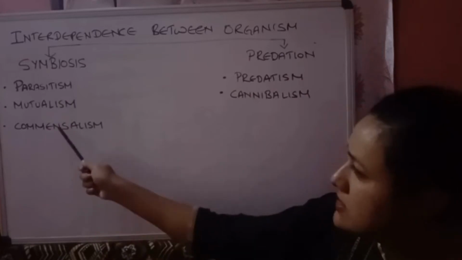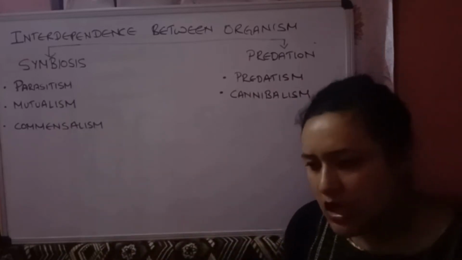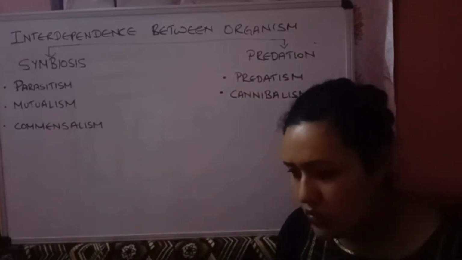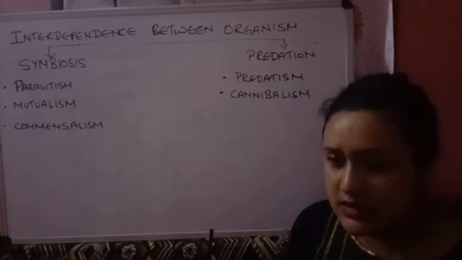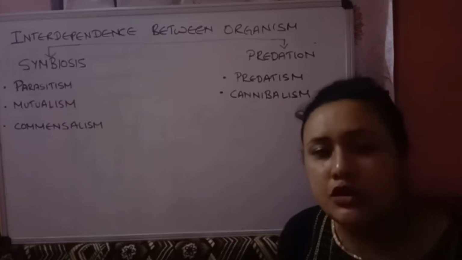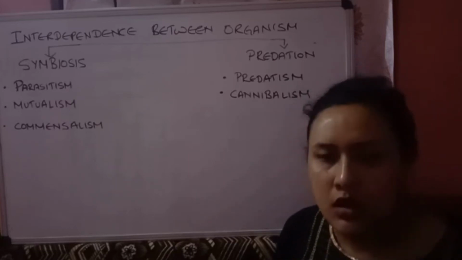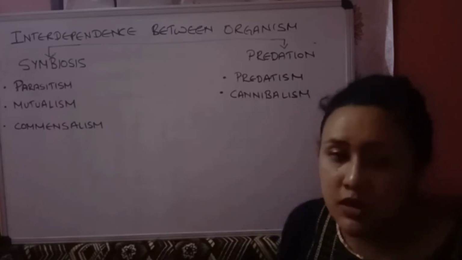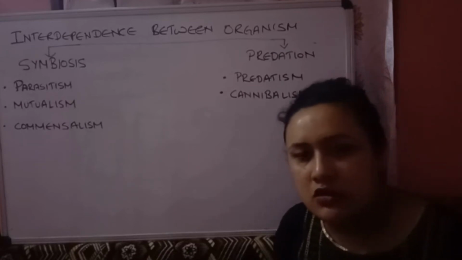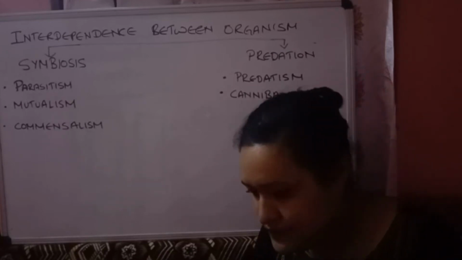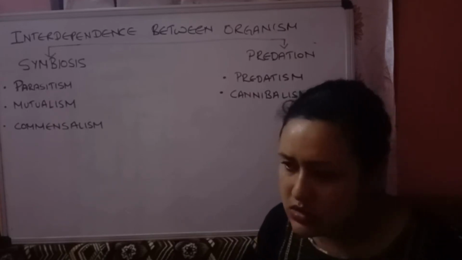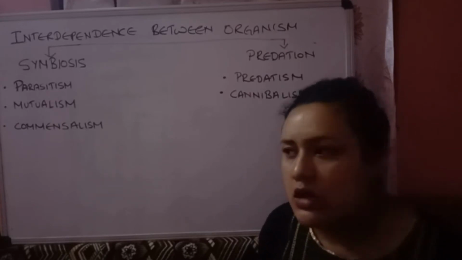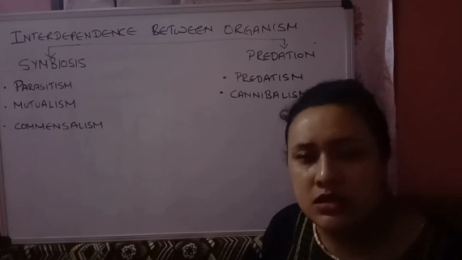Then the other one is commensalism. Here only one organism uses the unused food, and both are not benefited. Another example is the shark.